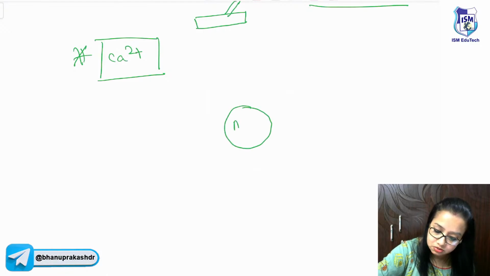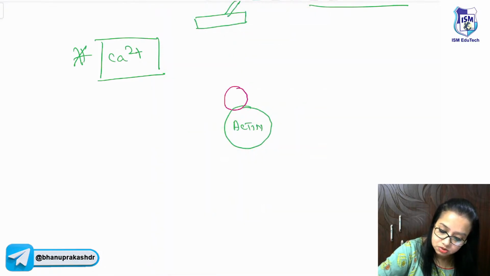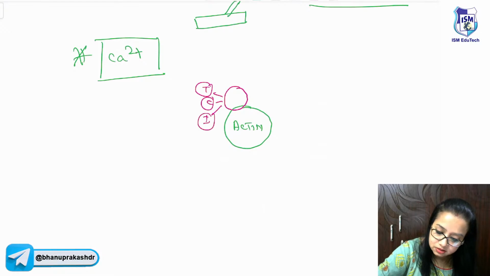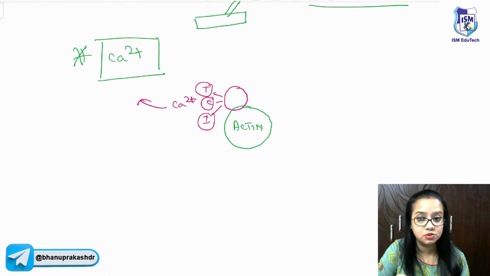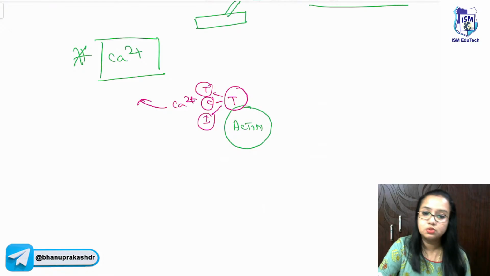Like on the part of the actin molecule. So this is the actin molecule. Again, the troponin that was bound to it, with the C, with the T, and with the I, right? Now, calcium will get dissociated, will move away from the C subunit of the troponin.